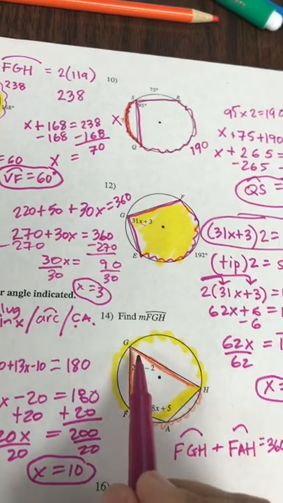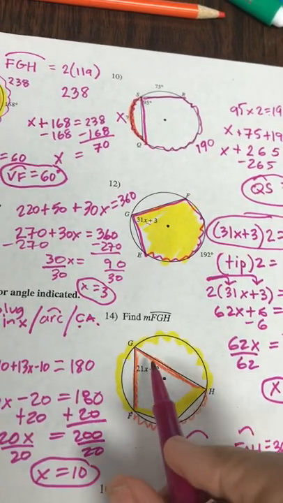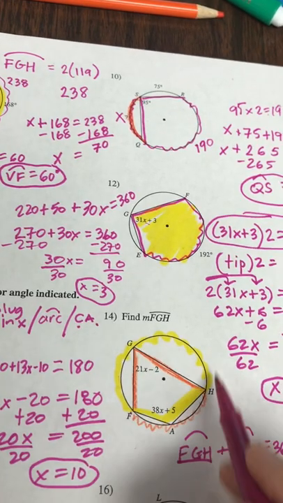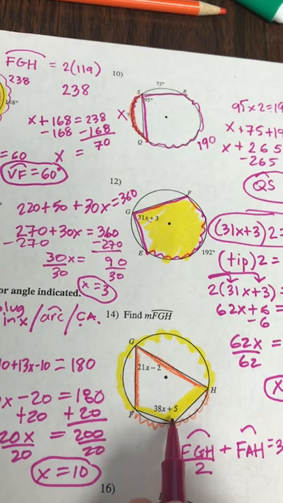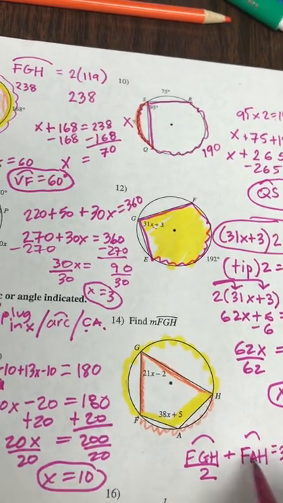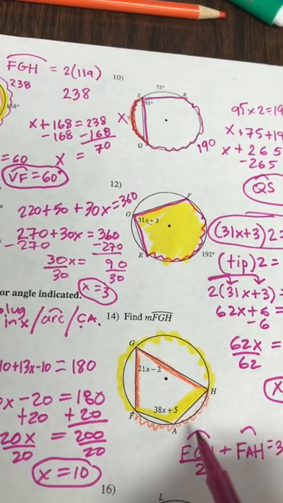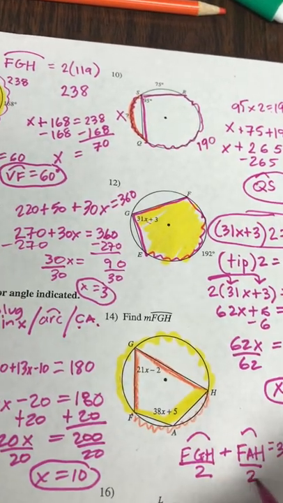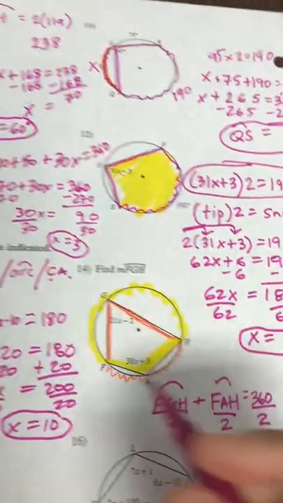So the yellow tip, if I divided it in two, should equal this tip. And FAH, its tip, if I go back, right, the tip of the cone is half the snow. So if I divide that by 2, I actually know I can divide 360 by 2.